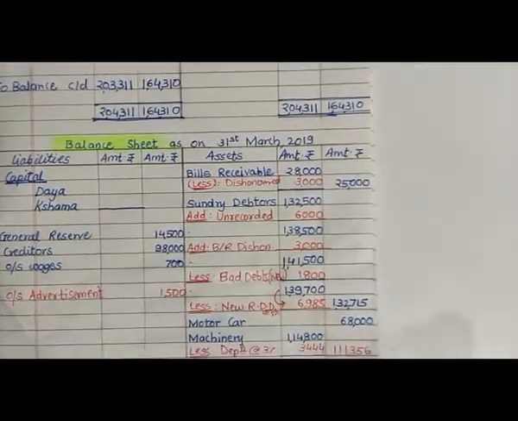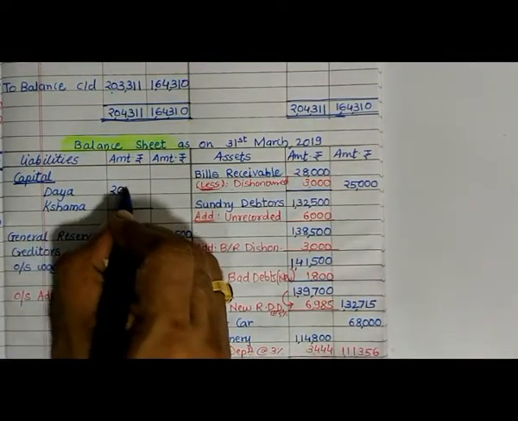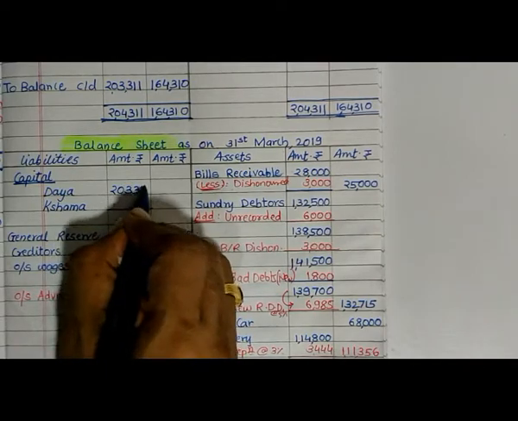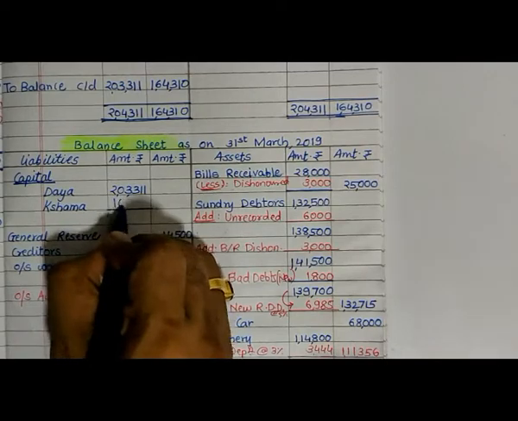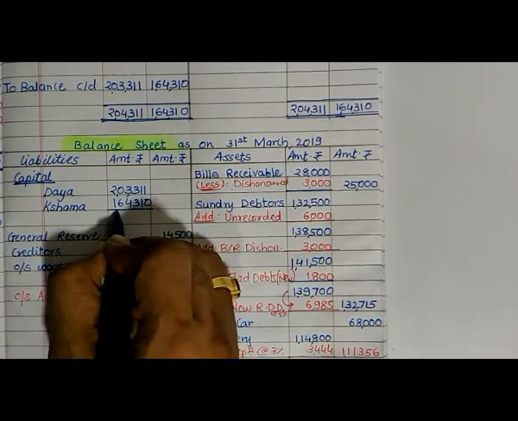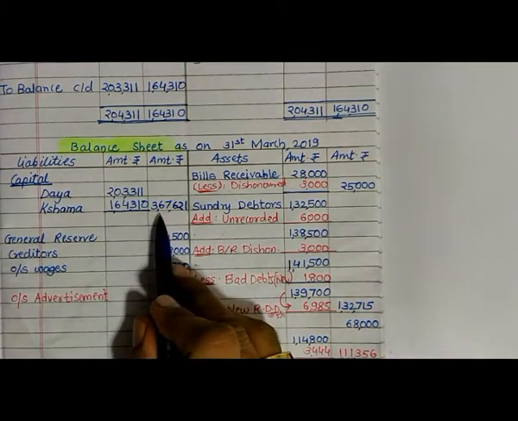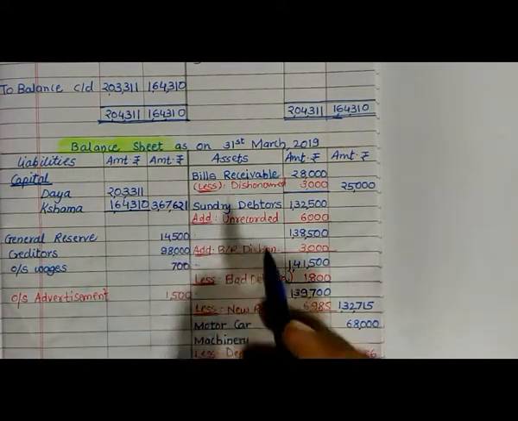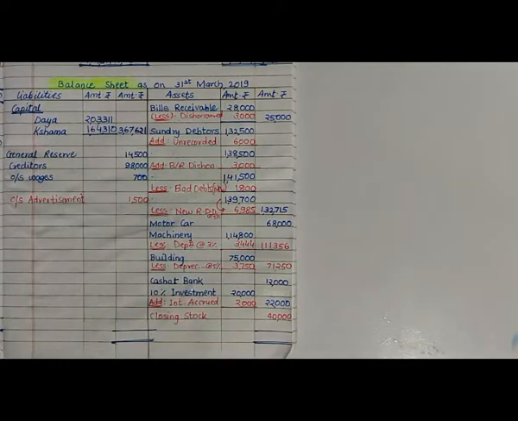Daya's balance 2,03,311. Kshama's balance is 1,64,310. The total of both partners' capital account is 3,67,621. It's time now to tally the balance sheet.